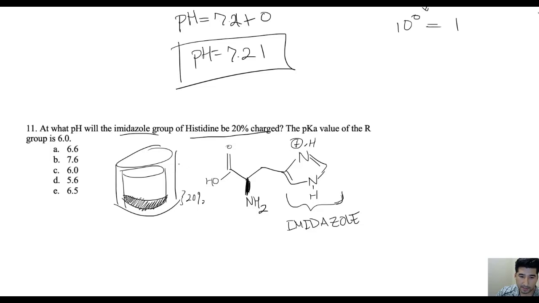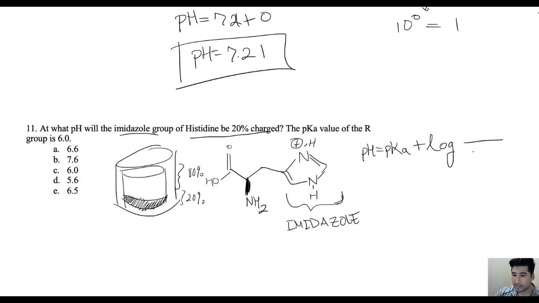So we want 20% of it to be charged, and we want 80% of it to be uncharged. So essentially what we have is a buffer. If some of it is charged, which would be the acid, and the other isn't charged, which would be the conjugate base, you've got a buffer. And for that reason, we can use the Henderson-Hasselbalch equation again.